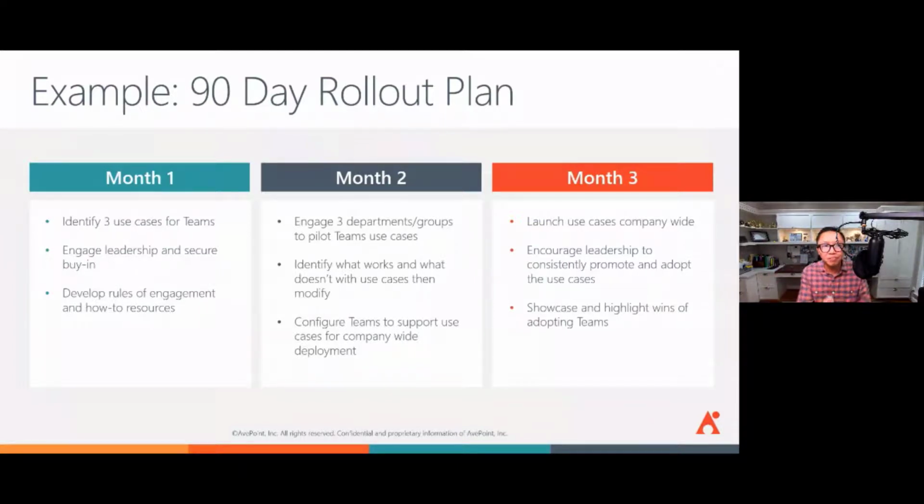So for example, month 1, you identify 3 use cases, you get leadership buy-in, and develop your rules of engagement and put resources in place. Then month 2, get 3 departments to pilot it, identify what works or doesn't, and configure Teams to support these use cases for the entire company. And then month 3, you do company-wide rollout.